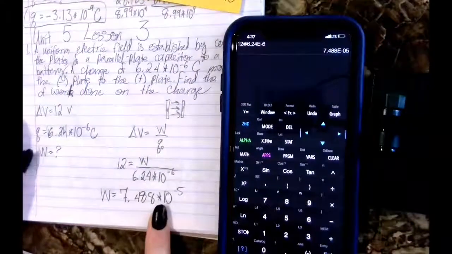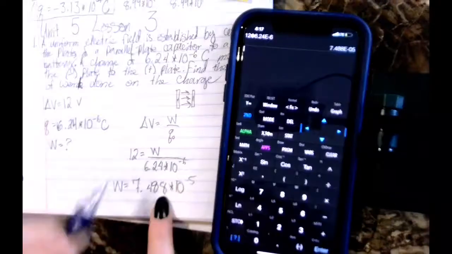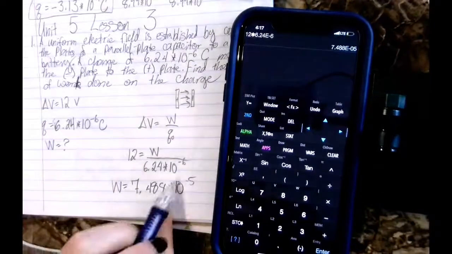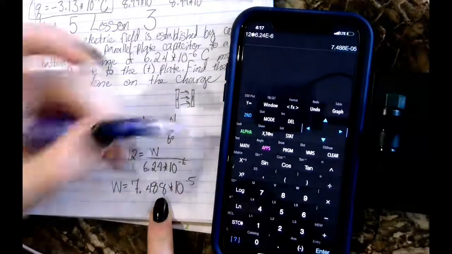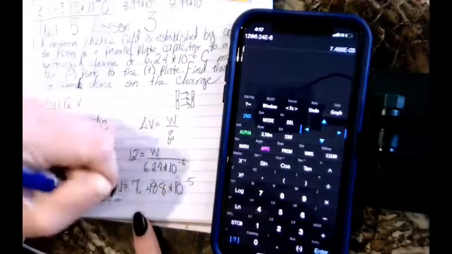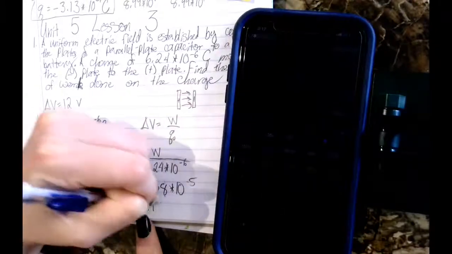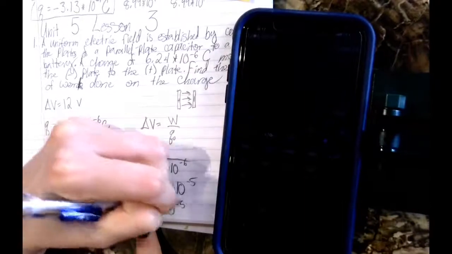Let's turn this into 3 sig figs. 1, 2, 3. Let's look at this fourth number. It's after a decimal point, so I'm going to end up dropping it entirely. But before I do so, it's going to round the number ahead of it up 1. So I'm getting that the work done equals 7.49 times 10 to the negative 5.